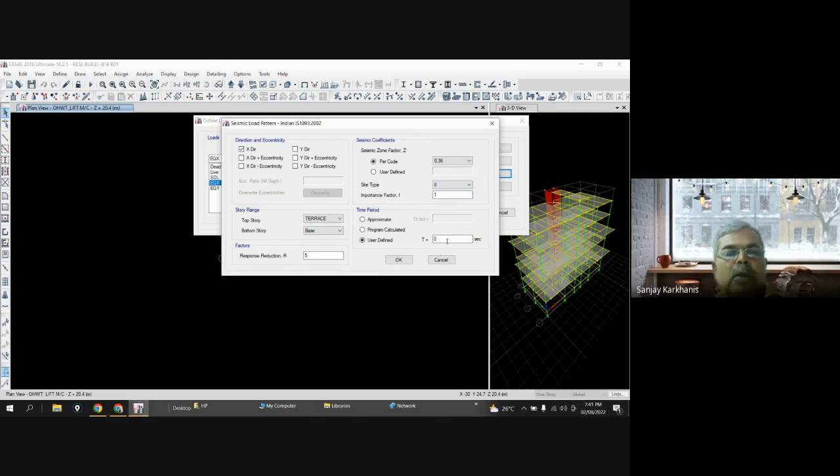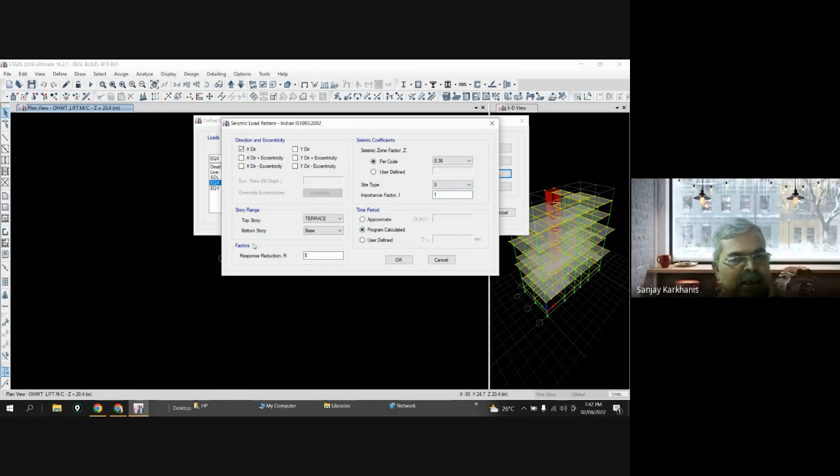Or you may ask the program to calculate. How will the program calculate? In its inbuilt category, it will find all the codal provisions used in 1893, and it will see that formula and calculate it. So you can use both. Either you calculate it yourself or you ask the program to calculate. Clear? Clear, sir.